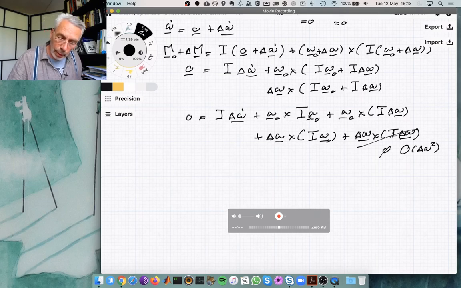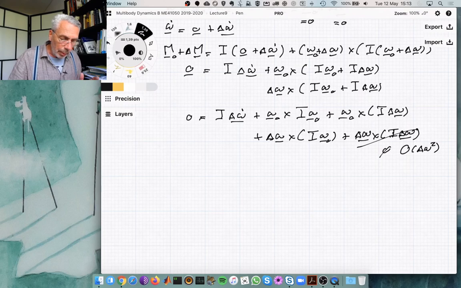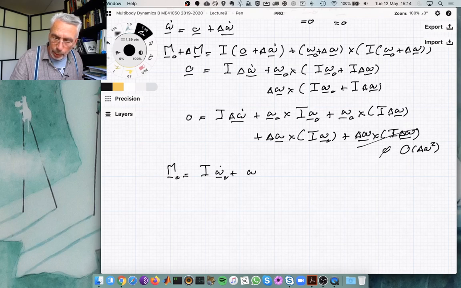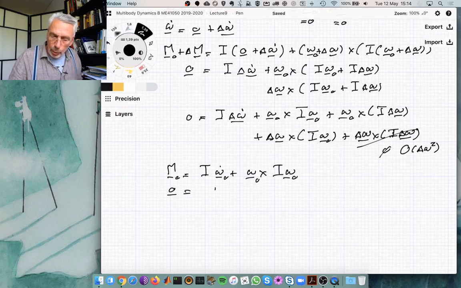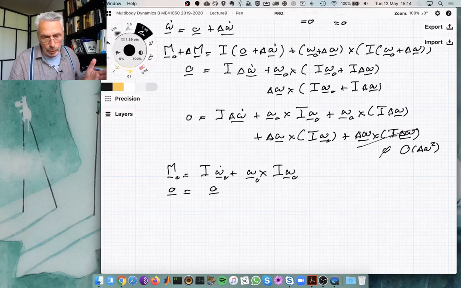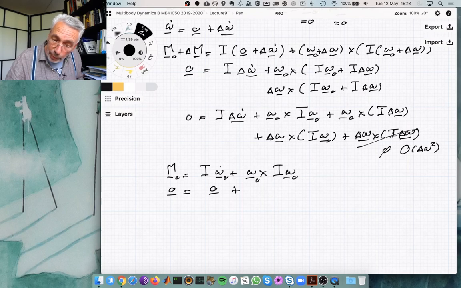What is that? Well, remember that the basic equation was M0 is I times omega dot 0 plus omega cross I omega. Well, we assumed no torque, and we have a constant initial angular velocity, so by definition this is 0, so we can cross that out as 0.